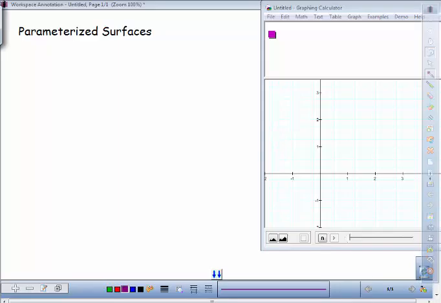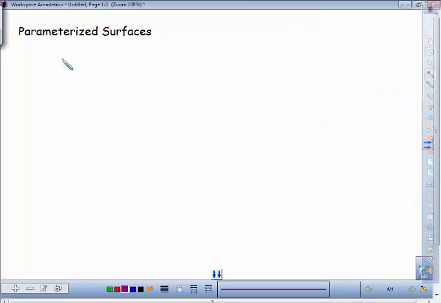So if we start with a simple curve, I'll start with a circle. It's not that simple, but I'll start with a circle.